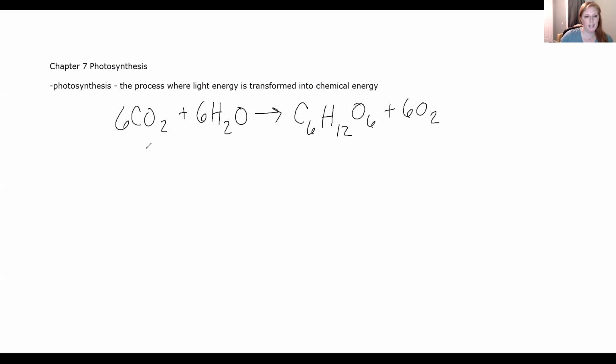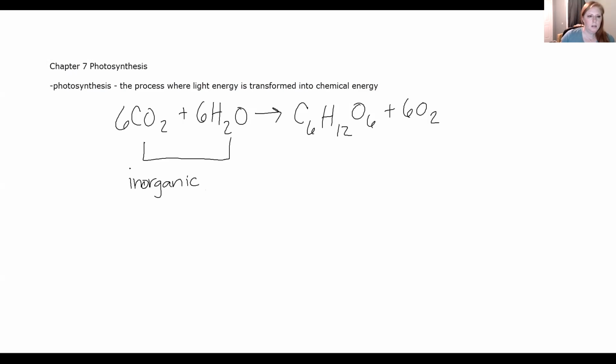All right, so again though, these things are inorganic. Why did I do it like that? Hang on. Yes, there's carbon in carbon dioxide, but this is a gas and it's not considered the same type of organic molecule that you have in glucose.